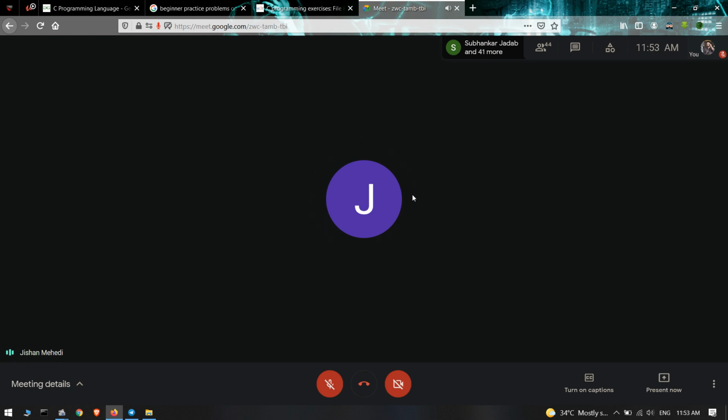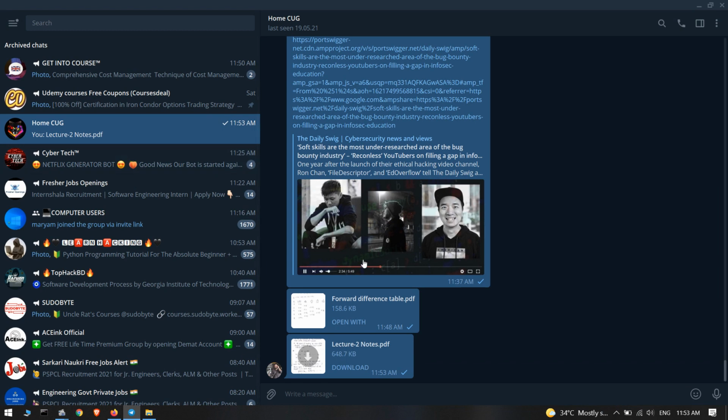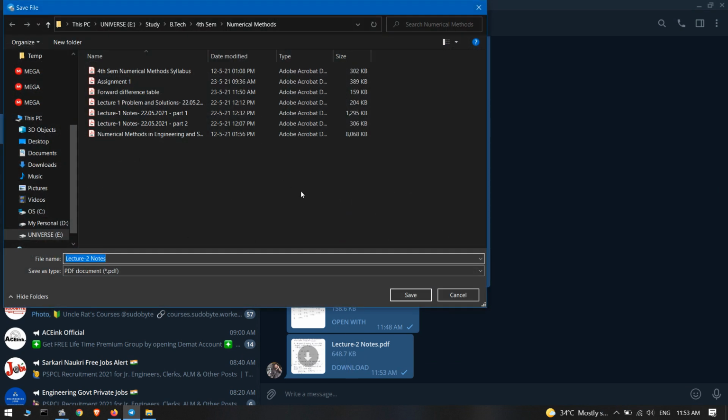One thing you have to remember is that the Newton forward interpolation method is applicable only if all the values are equispaced. For example, if x equals 0, 2, 4, 6, the spacing of x is equal, and then it is applicable. But if x equals 0, 1, 3, 7, this method is not going to work.